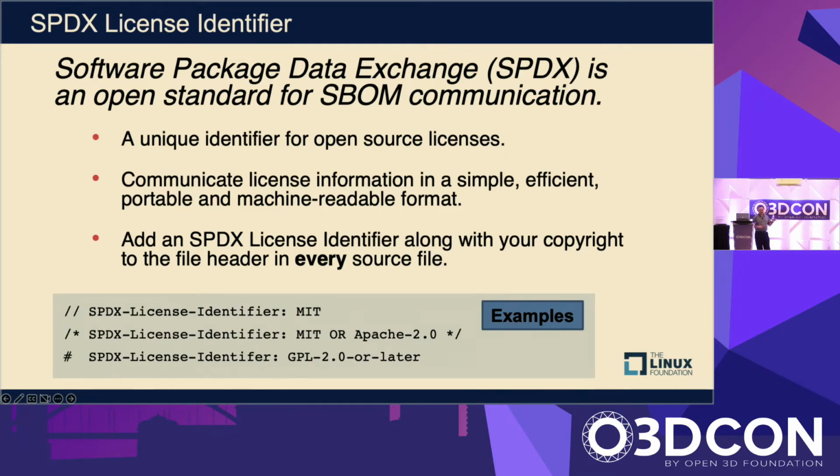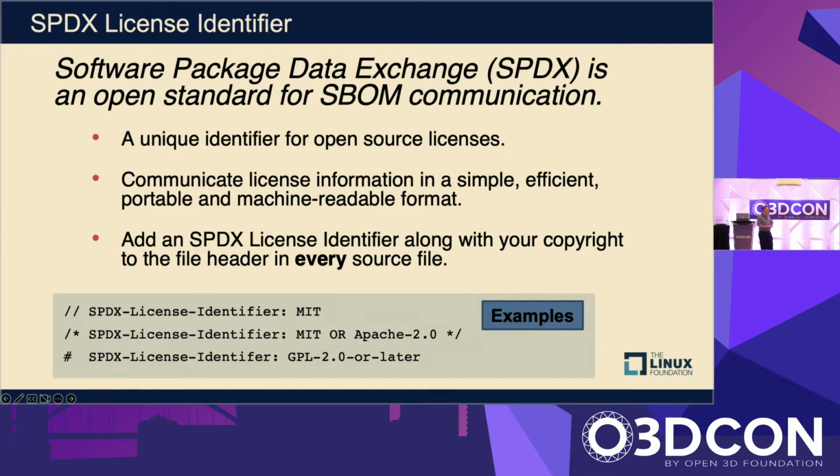This is essentially a small comment in the header of every single source file that is easy to see, easy to read by humans, and it's machine readable. And it simply tells you which license applies to this code. So in fact, as I mentioned, Open3D Engine uses the Apache 2 license and the MIT license.